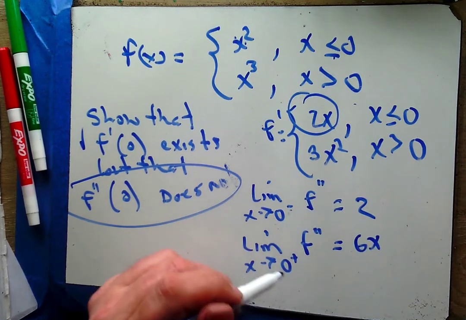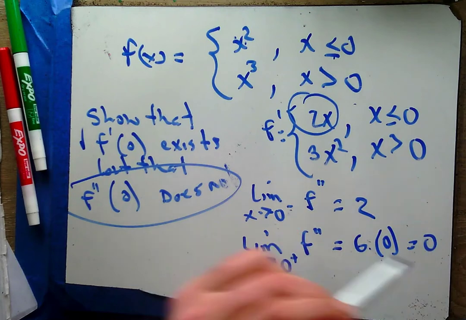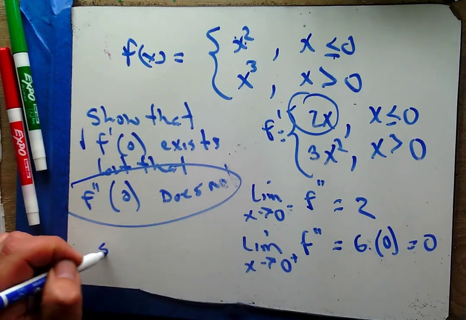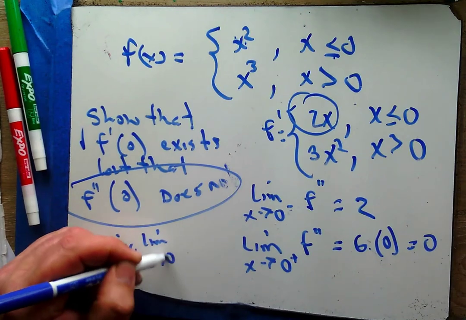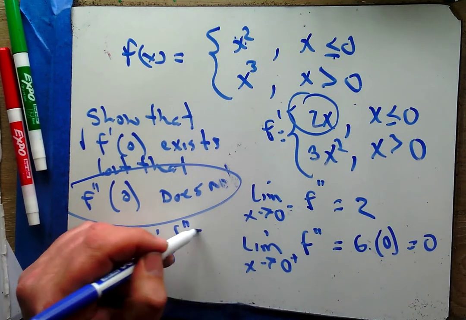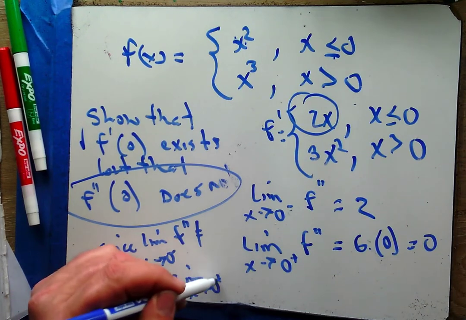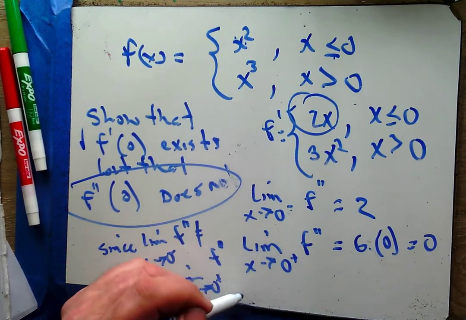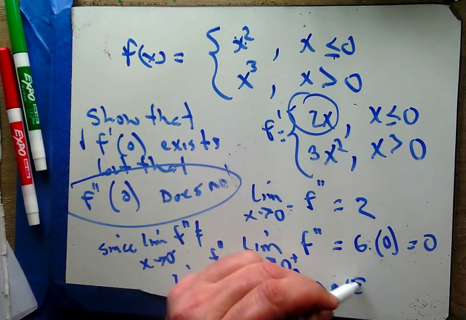And where do we want to know this? At 0. 6 times 0 equals 0. Since the limit as x approaches 0 from the negative side of f double prime does not equal the limit as x approaches 0 from the positive side of f double prime, f double prime of 0 does not exist.